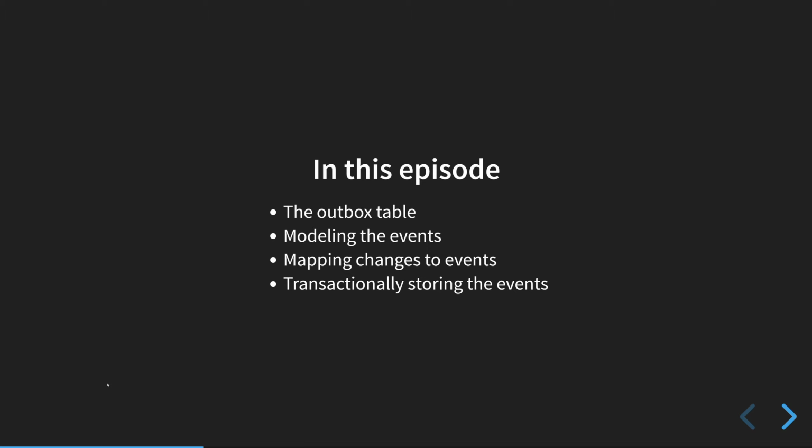Then we'll model those events, some classes to be able to store them. We'll build upon those event detectors we created earlier to map those changes into events, and finish up by storing the events in the database in a transactional manner, so when the changes occur, events are also stored.